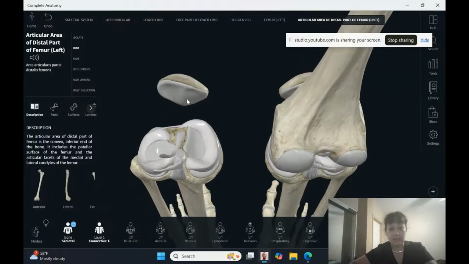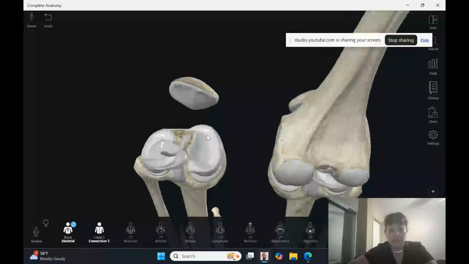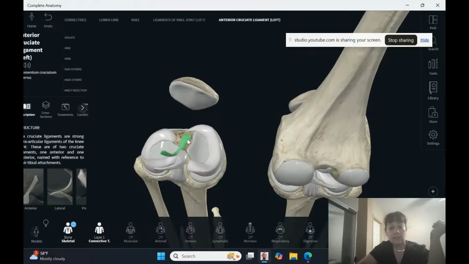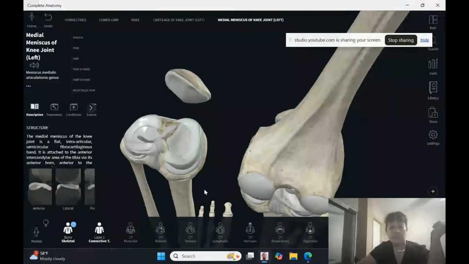It doesn't have its patella ligament on the bottom, which other people rupture. So the meniscus is kind of like an ear shape on the medial one, and then you have this ACL right here, the meniscus. And then if we add another one, you're going to have the medial collateral ligament. Let's add another layer.